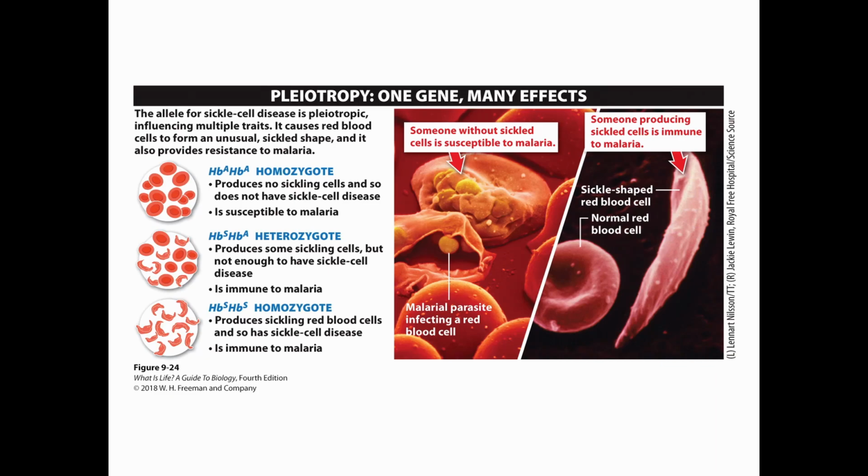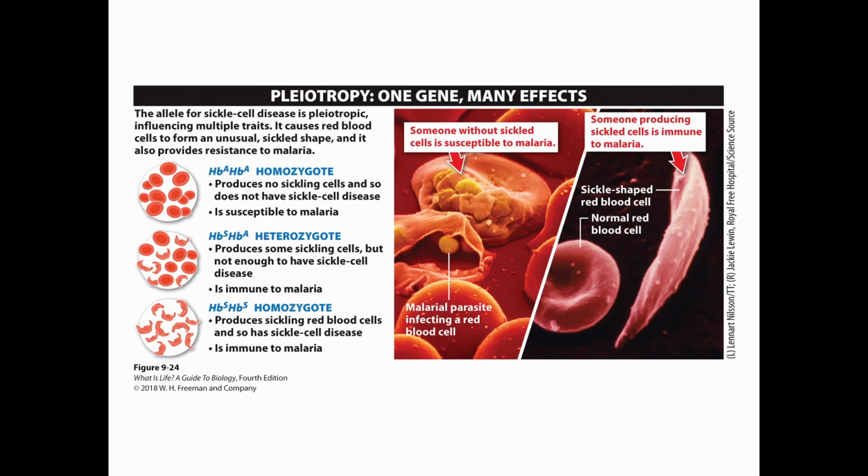It causes the red blood cell to form an unusual sickle shape rather than the nice round puffed up donut-like shape that they have under normal circumstances. It also does provide resistance to a disease called malaria. Now, if you are HbA, you're a homozygote for normal red blood cells. And so none of your cells have any sort of sickling shape, and you don't have sickle cell disease.